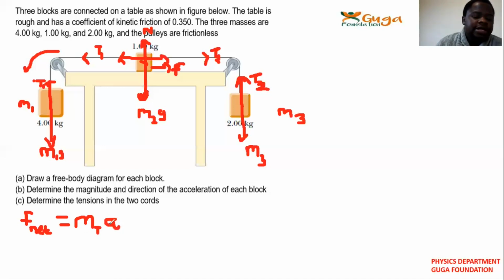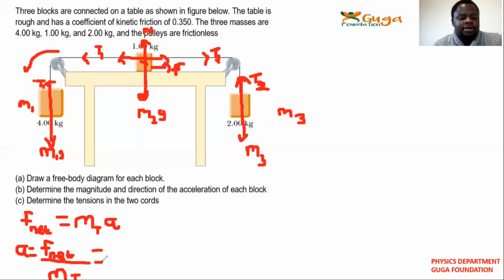So when you make the acceleration the subject of the formula, you'll have acceleration is equal to F net over MT, right? So now what is your F net?